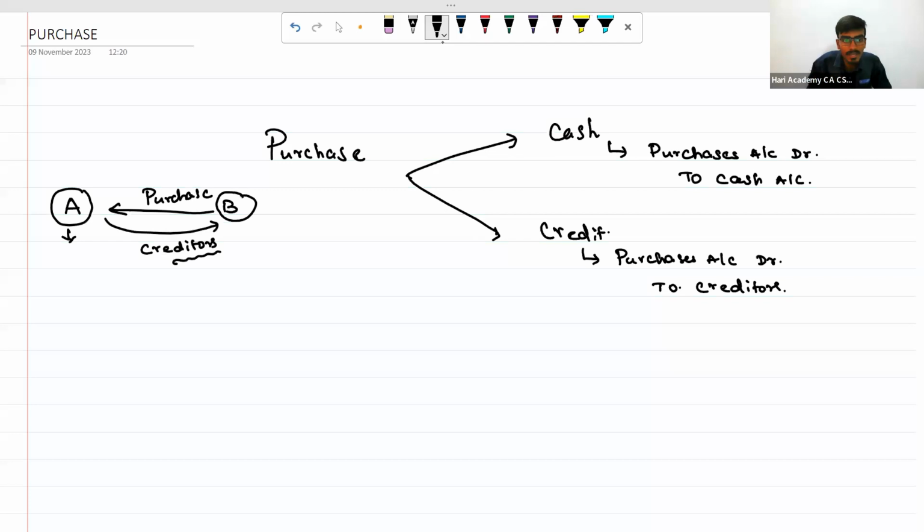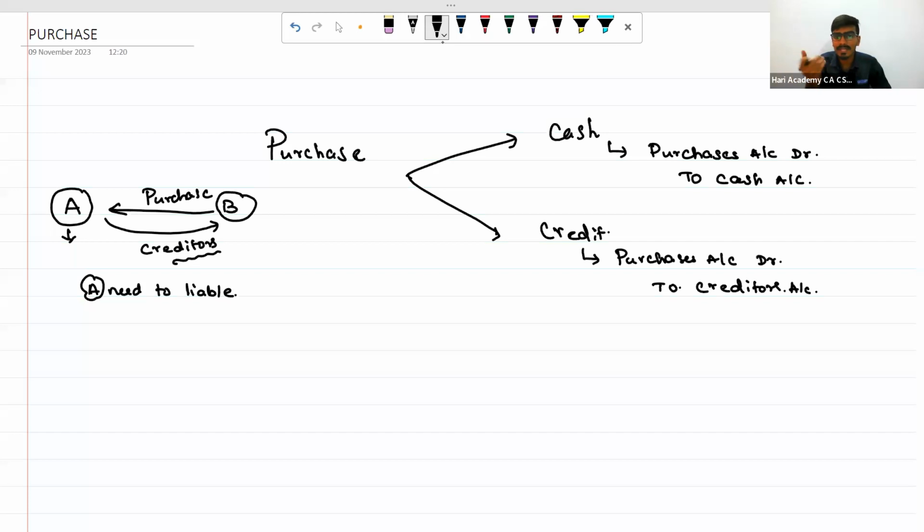A is liable, that is, A has an obligation to repay the amount to B. So there is a liability. Liability will increase. We will write purchases account debit to creditors account.